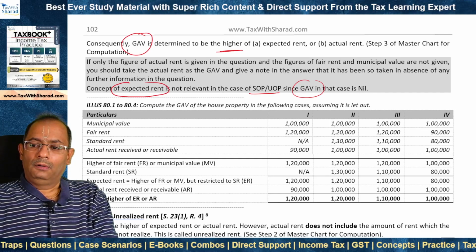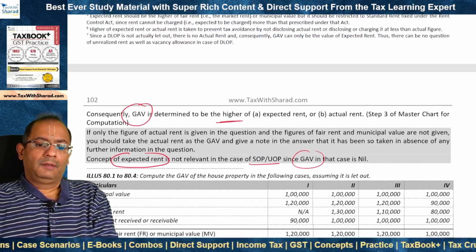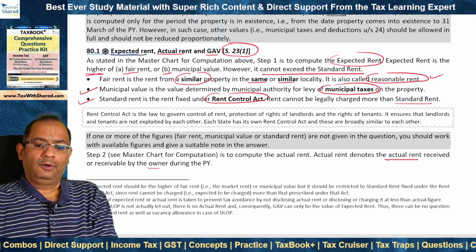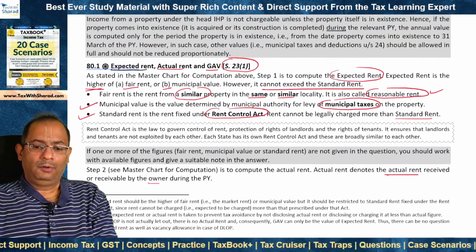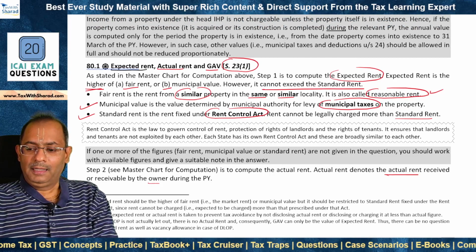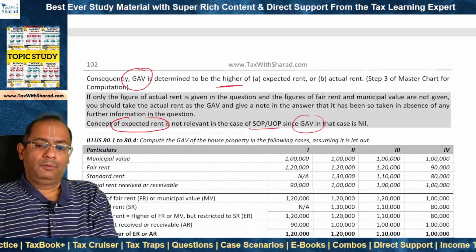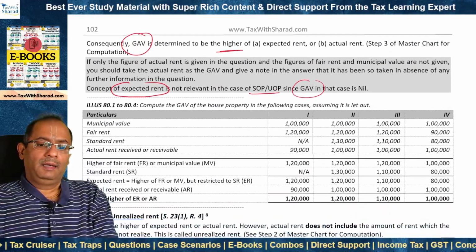The question may not always give all the figures to compute expected rent. It may not provide the value of fair rent or municipal value or standard rent or all of them. So in that case, we need to compute the GAV and give a note in the answer making appropriate assumptions.